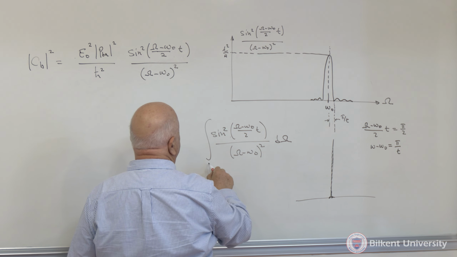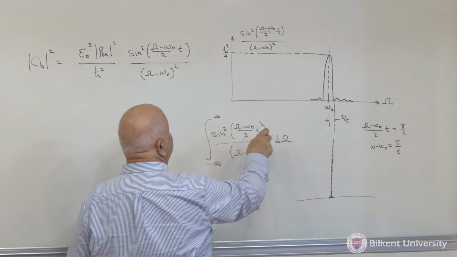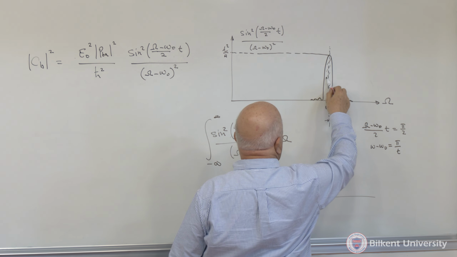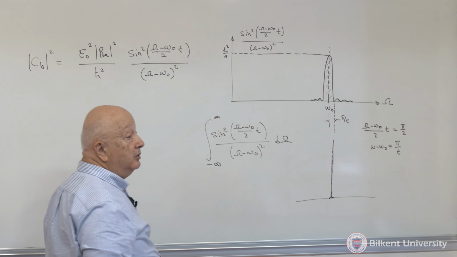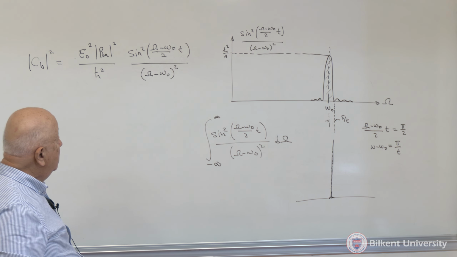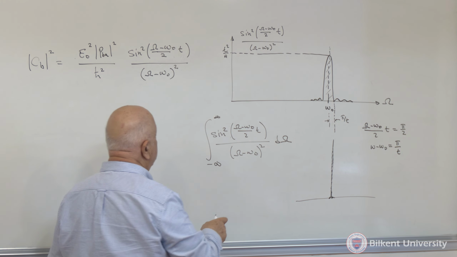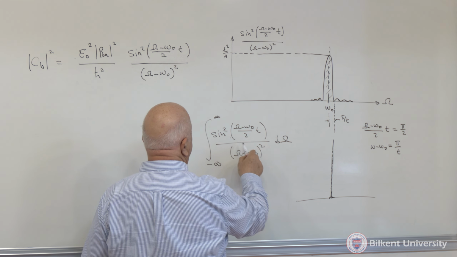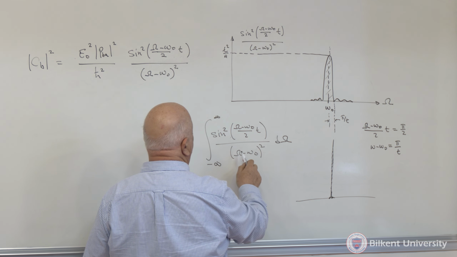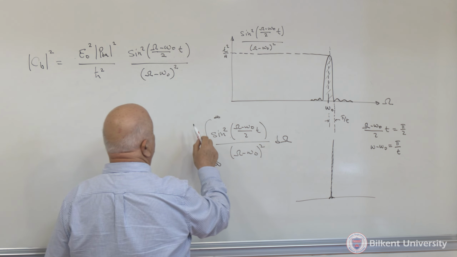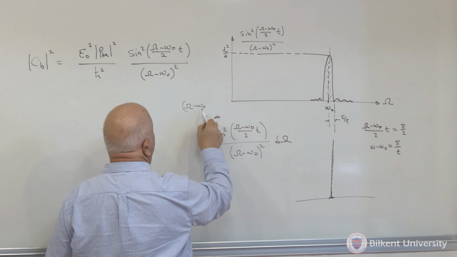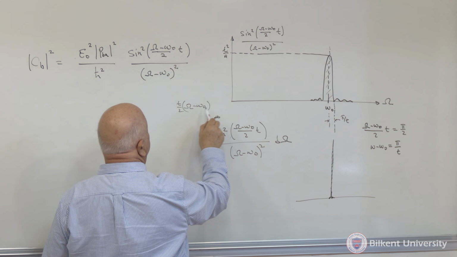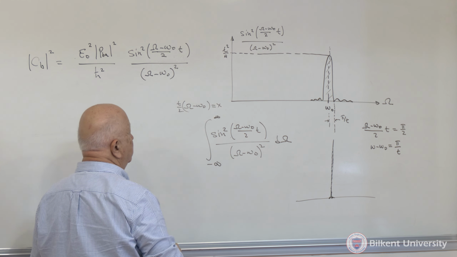So if I just try to find the area under this curve, what do I find? Let me make a change of variables. Let me call (omega minus omega 0) times t over 2 as x.